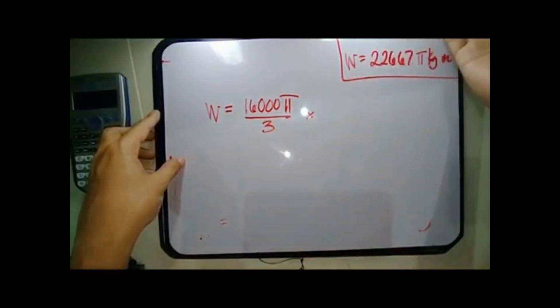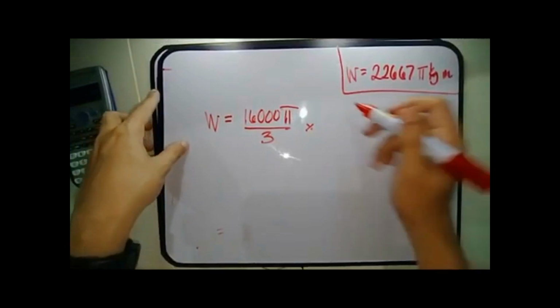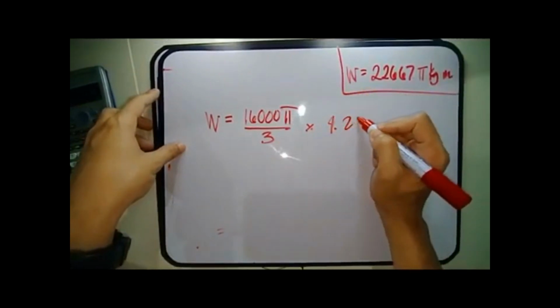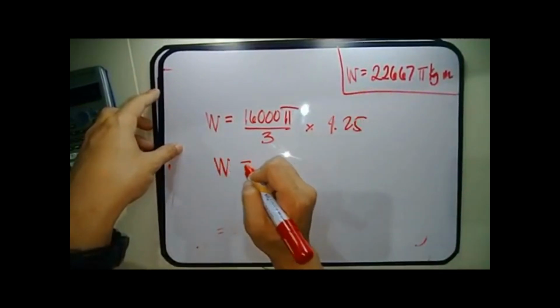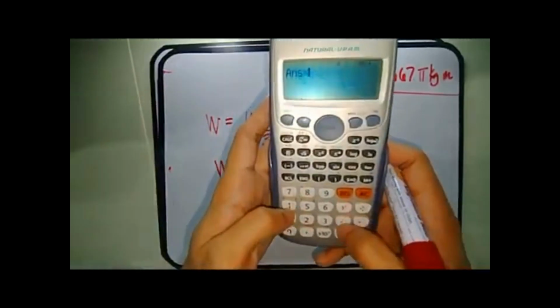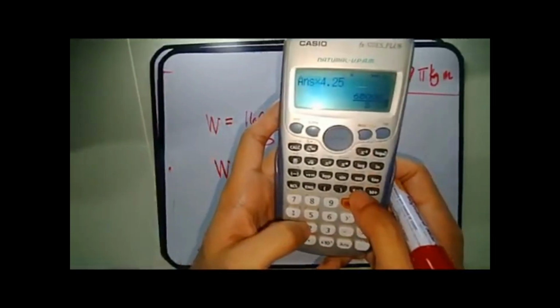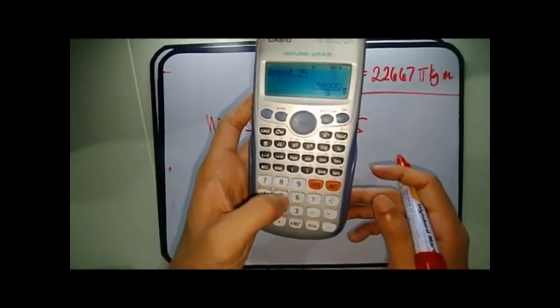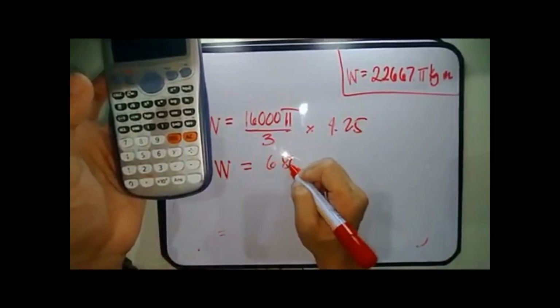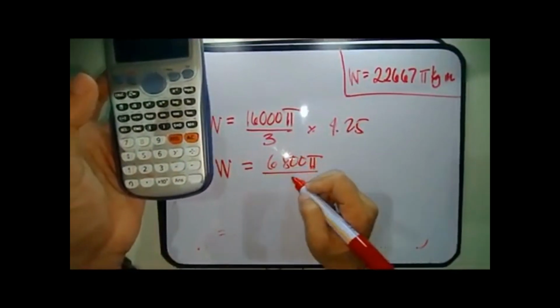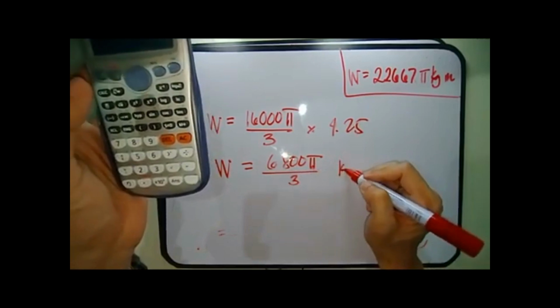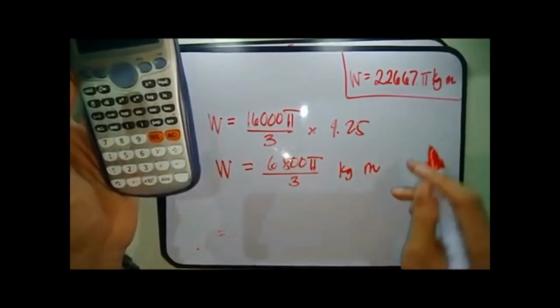Distance natin is 4.25 meters. So, work equals, so times 4.25. So, that is equal to, of course, 68,000 pi all over 3. Unit niya is kilogram force meter.